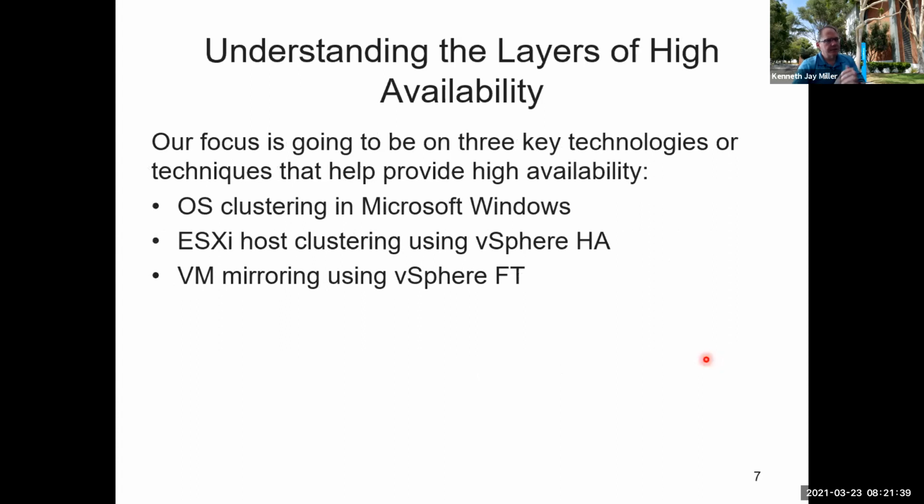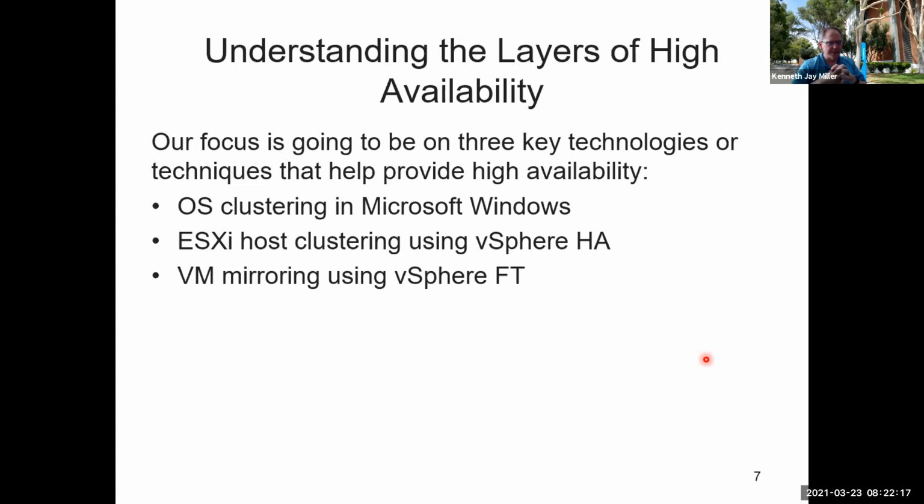All right. So our focus, at least in this lecture, is going to be on 3 key technologies or techniques that help provide high availability. The first one we'll talk about is the clustering feature within Microsoft Windows. This is a feature that is built into Microsoft's server, and it has been since Server 2003. So it's been around for a long time, and it's extremely effective.